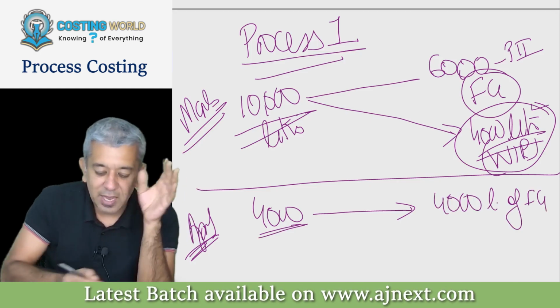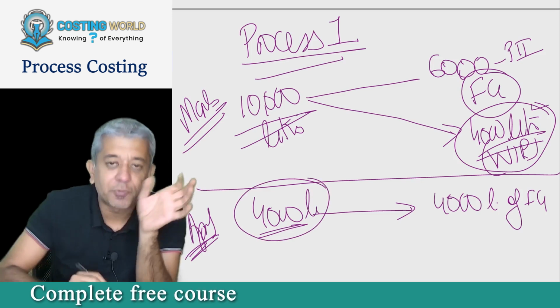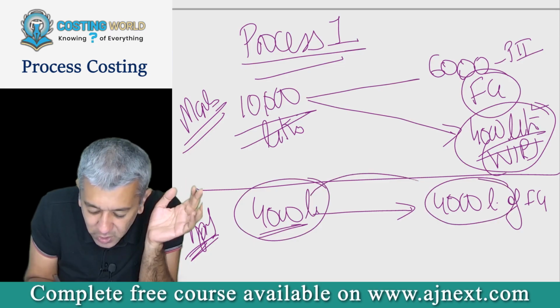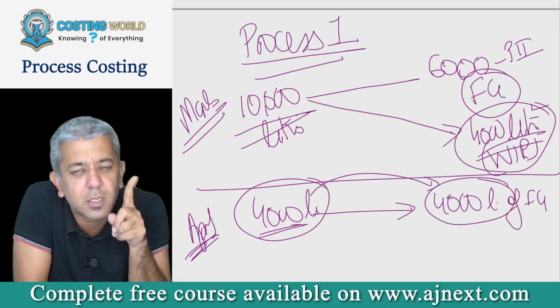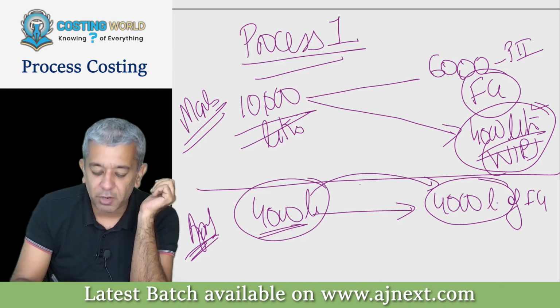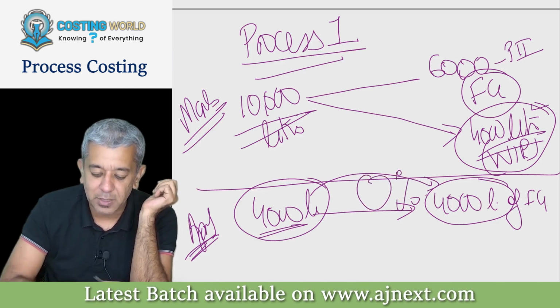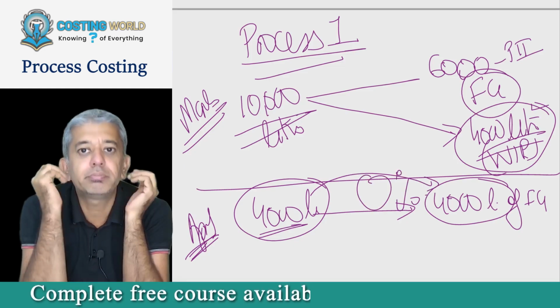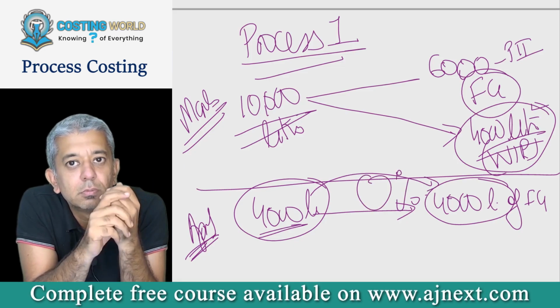Can we say 4,000 liters of opening WIP is becoming 4,000 liters of finished goods? To convert this into this, do you require more milk? No, sir. So the addition of materials is going to be 0%, because the entire material was added in the last period. You understood this?